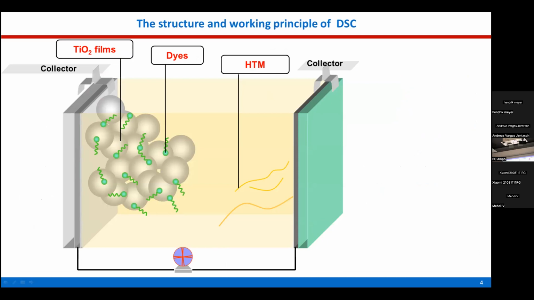A typical dye solar cell consists of the photoanode and the photocathode, and between them is the transporting material. Normally, the photoanode consists of titanium oxide on FTO conductive glass, on which the photosensitizer dyes are adsorbed. The photocathode is an FTO conductive glass substrate deposited with nano-platinum or a conductive polymer, for example PEDOT. Between them is the transporting material, normally an electrolyte that consists of redox potential mediators.